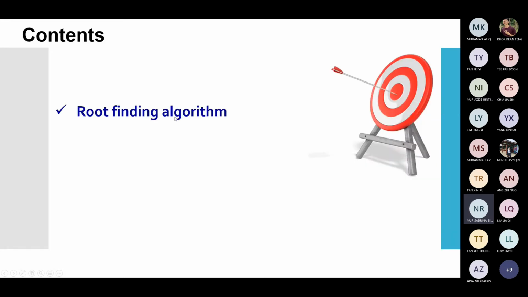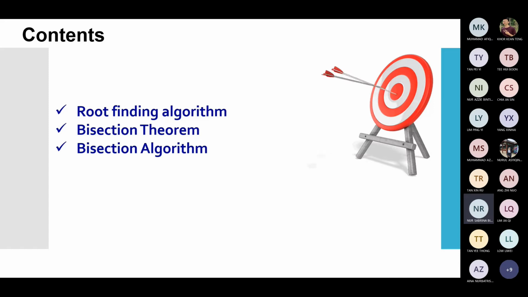Today's content: we're going to discuss the root finding algorithm, then the theorem of the bisection algorithm, and then in more depth the bisection steps, a step-by-step approach. We will also discuss the disadvantages of bisection, the drawbacks behind the bisection approach.